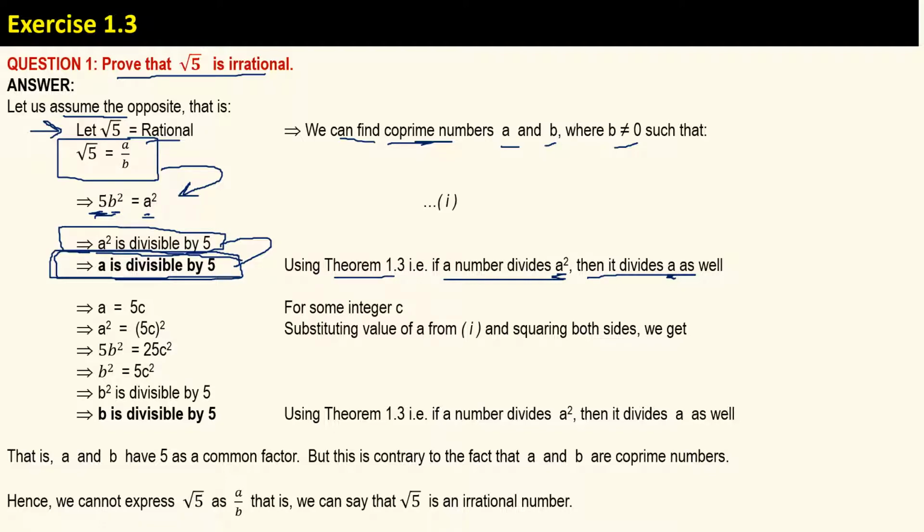Now if 5 can divide a, then a can be written in terms of 5. That is, let's write a as a = 5c, where c is some integer.